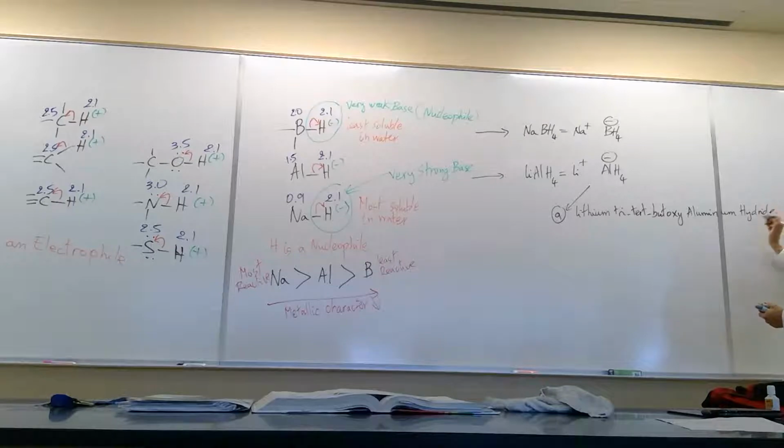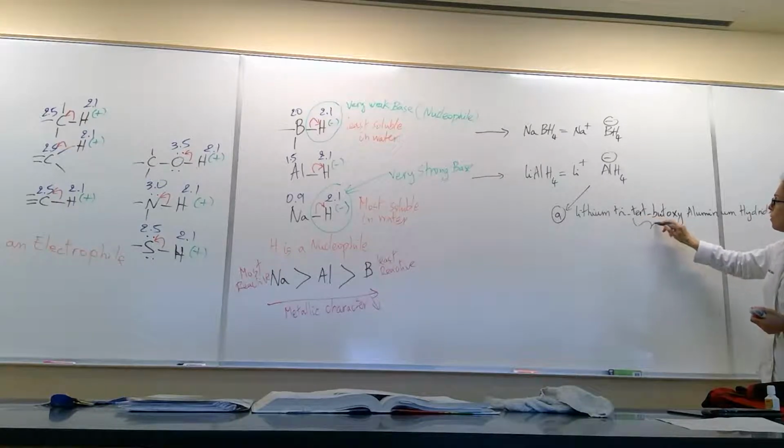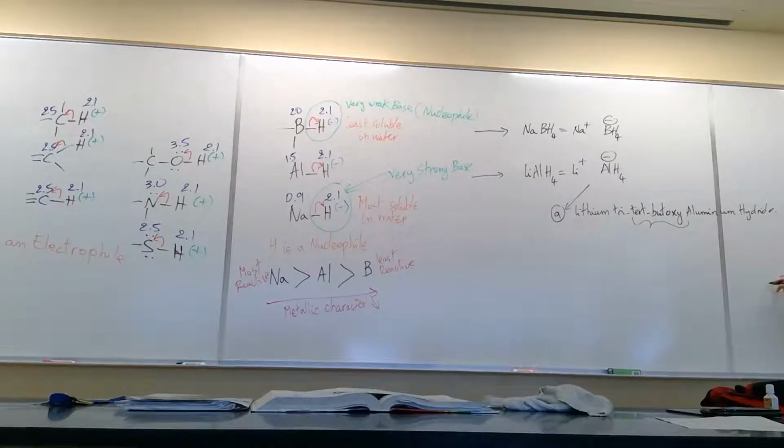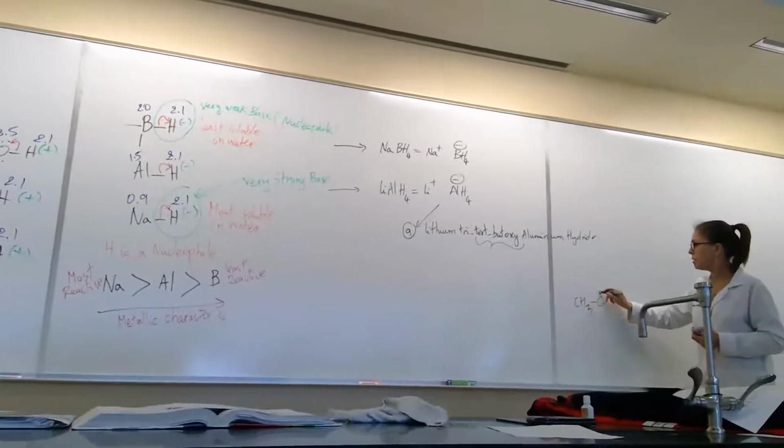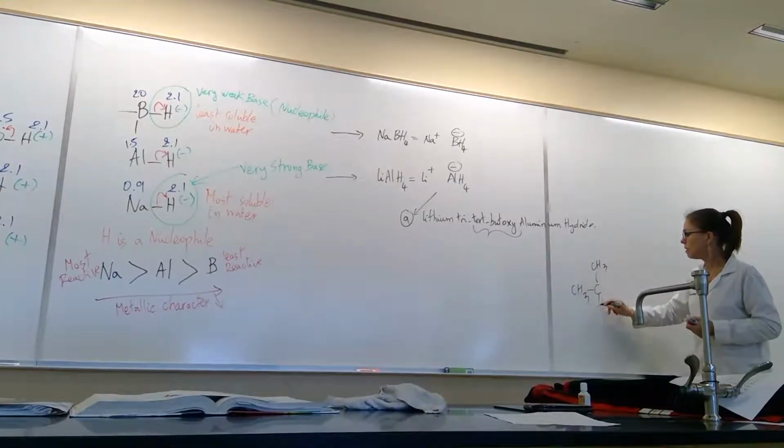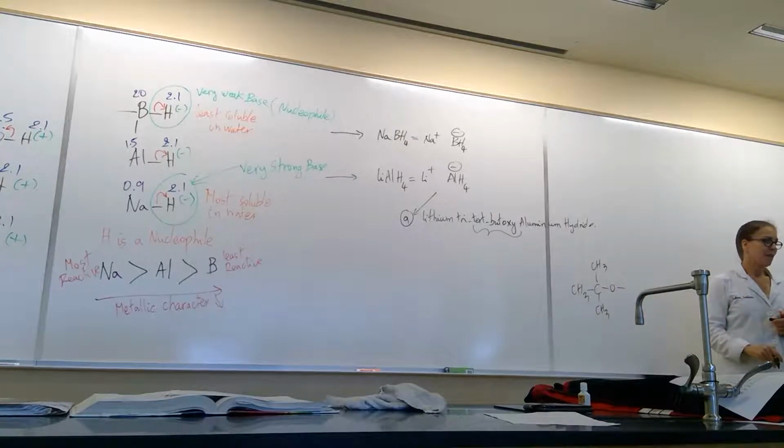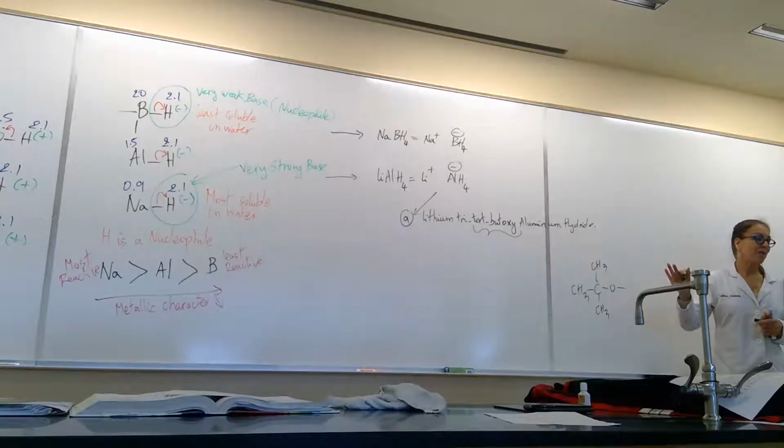So what it means, they took 3 tert-butoxy. So what is a tert-butoxy? It's a CH3, CH3O. And they put 3 of these on the aluminum, and the last one is a hydride.